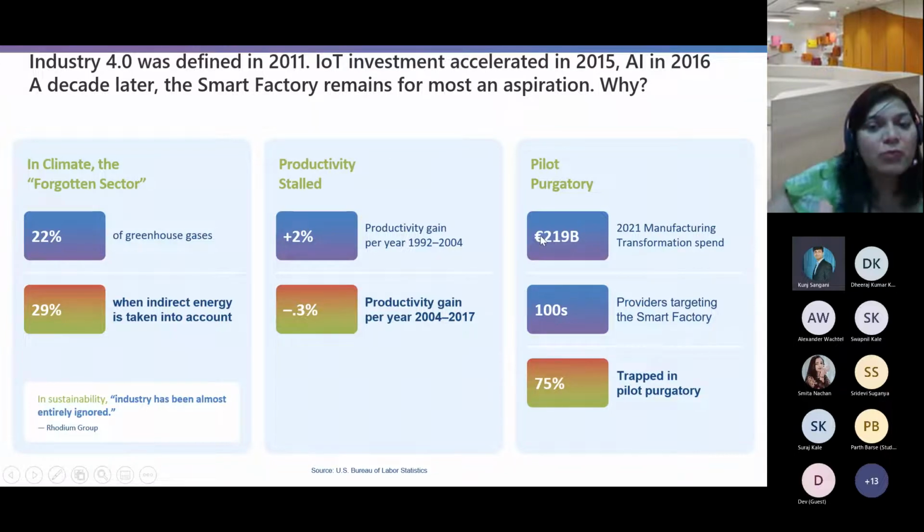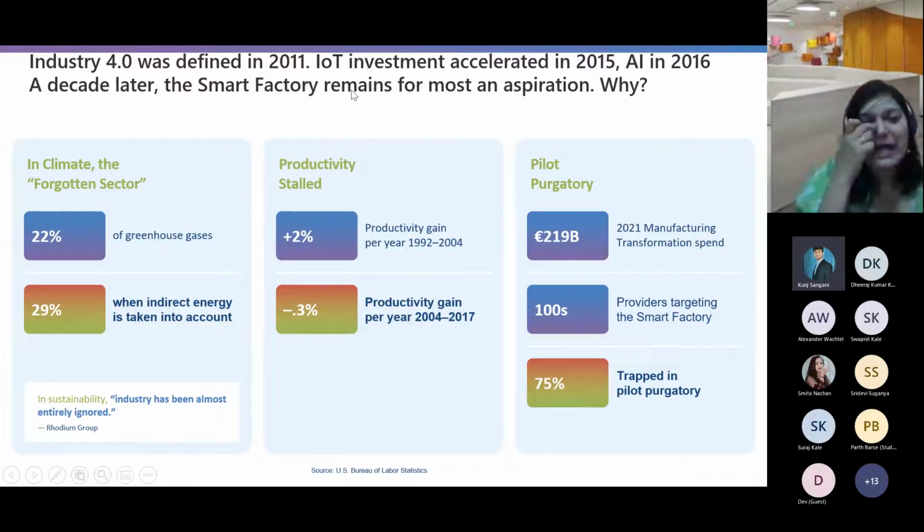Productivity stalled, and most of the initiatives for manufacturing start and die at the pilot stage itself. Okay, pilot purgatory, which means most of the manufacturing stuff, if we talk of smart factories and intelligent IoT and all of that. As you can see, Industry 4.0 was defined in 2011, and IoT investment accelerated in 2015, AI in 2016. But still, 10 years later, the smart factory remains an aspiration.